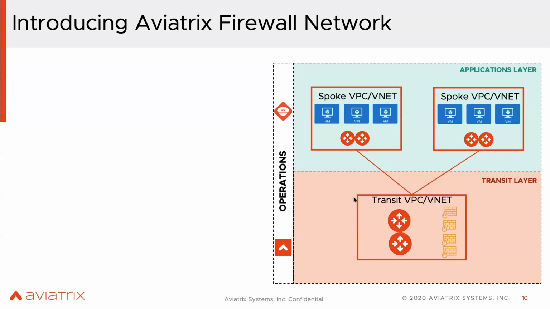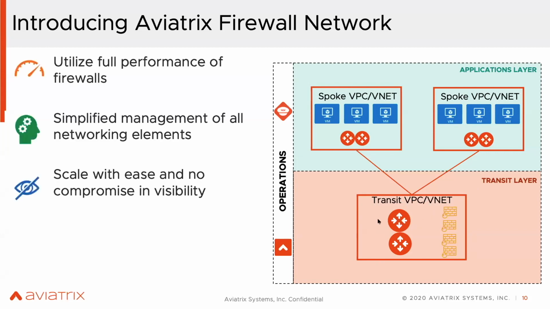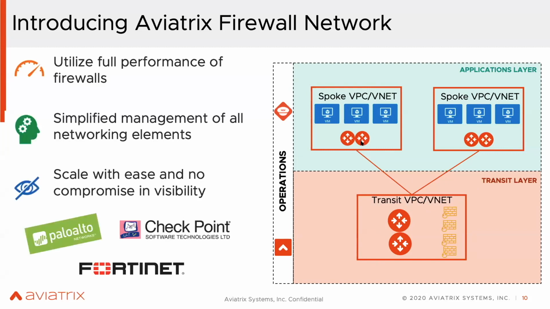So by now you are very familiar with this architecture, the Transit architecture. That's your Transit VPC. These are the icons for the Aviatrix Transit gateways or Spoke gateways. The firewalls are sitting next to them, right? And with this type of architecture, we can now give you the full performance of your firewalls.